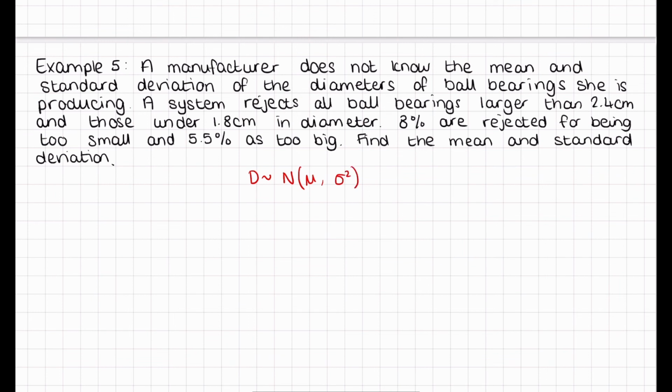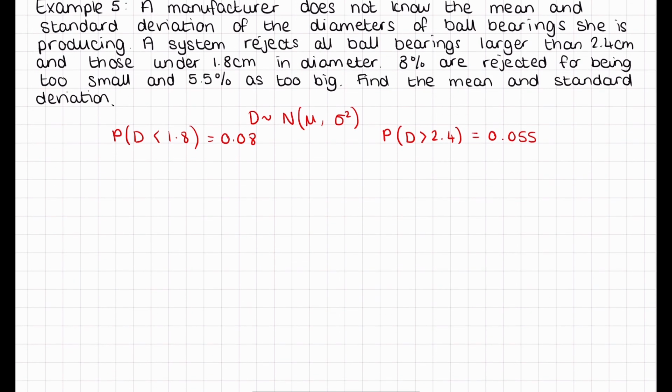We also know that when the diameters are smaller than 1.8, the probability is 0.08, and when the diameters are bigger than 2.4, the probability is 0.055, or 5.5%.